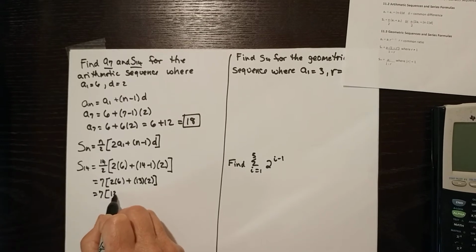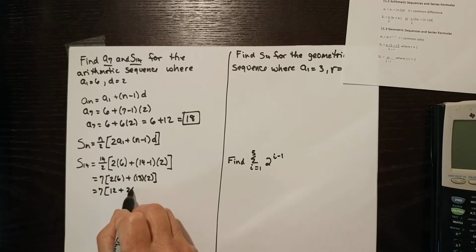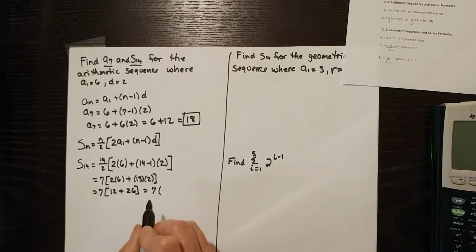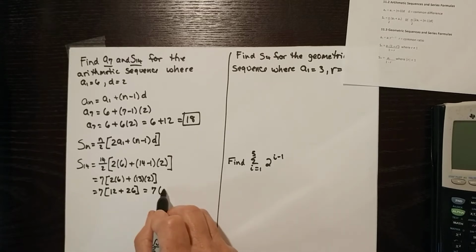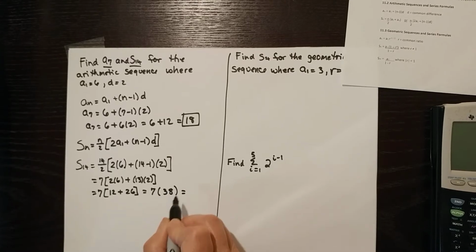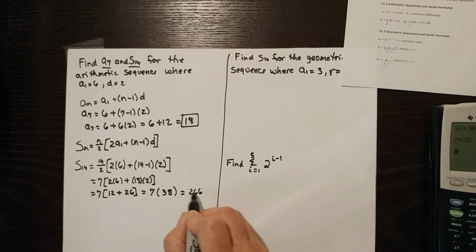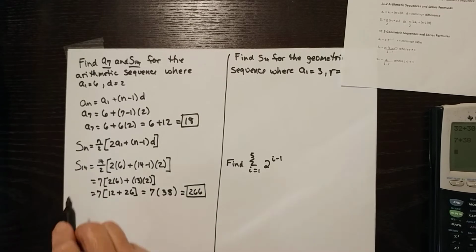Let's do that. This is going to be 12 plus 26. And then this is going to be 7 times 12 plus 26, which is 38. And when I multiply 7 times 38, I'm going to check with my calculator. I get 266. And that is the sum of the first 14 terms for this sequence.